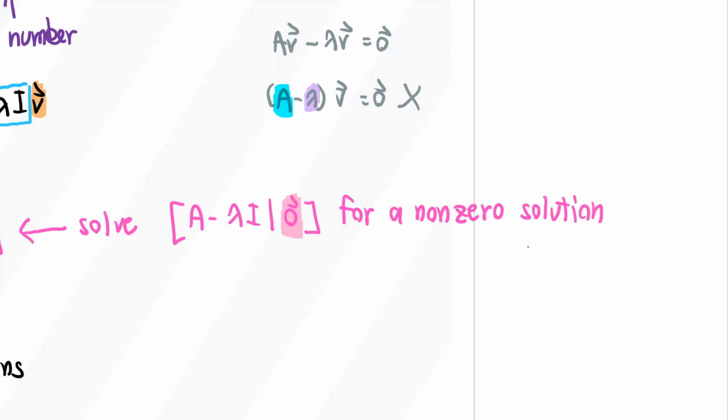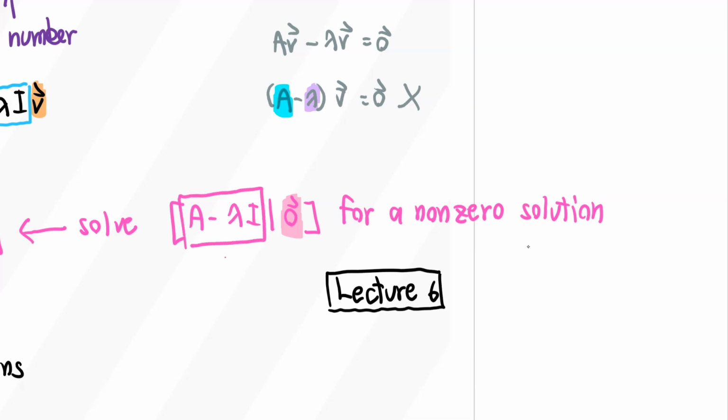However, there is one thing that we saw from lecture 6, which is that if this system has a non-zero solution, then we are gonna need this pink matrix to have a 0 determinant. I'm gonna need the determinant of A minus lambda I to equal 0.